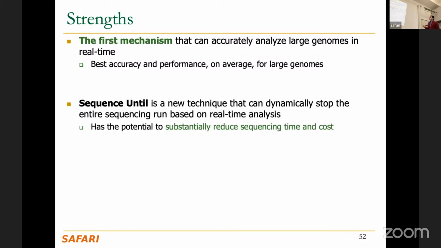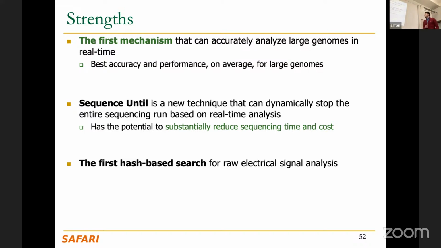The second strength of this paper is, I believe, the sequence sampling mechanism, the first technique that can dynamically stop the entire sequencing run based on the real-time analysis. It is important because it has the potential to substantially reduce sequencing time and cost.